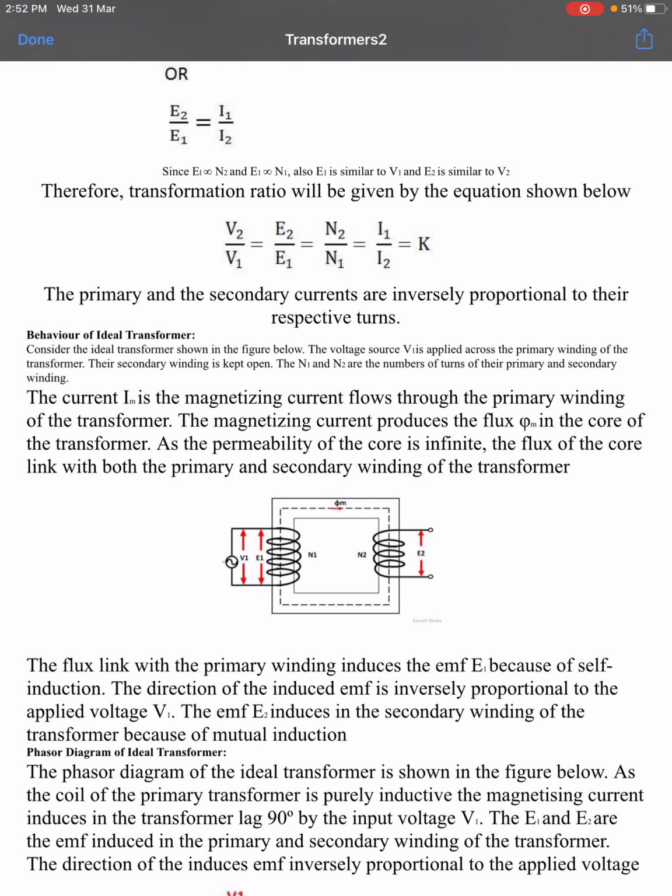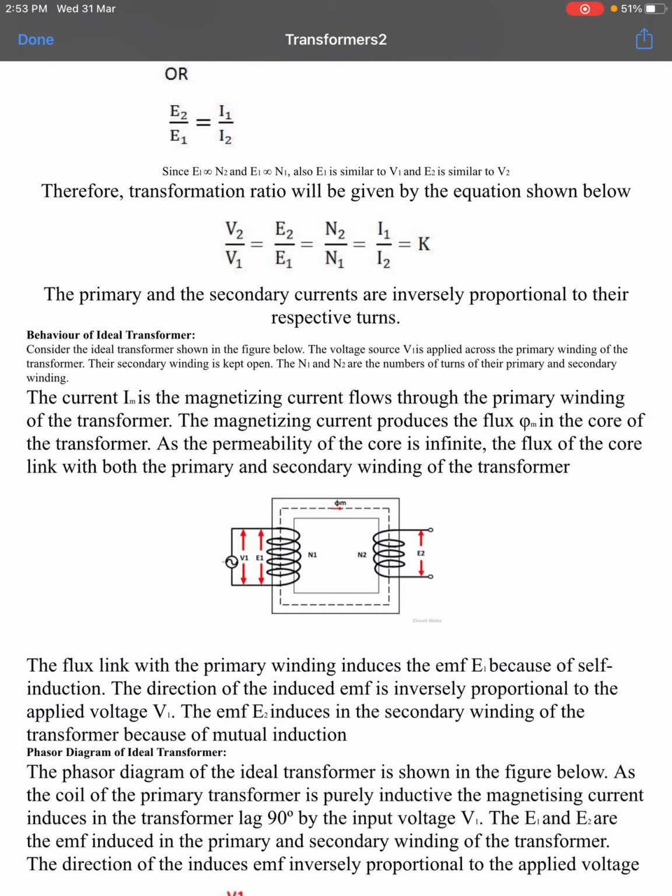When the magnetizing current flows through the primary winding of the transformer, it produces the magnetizing flux in the core of the transformer.